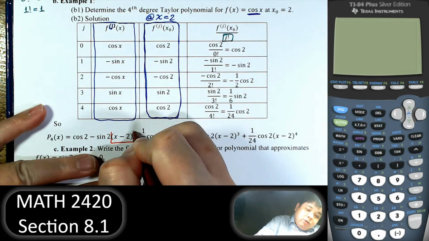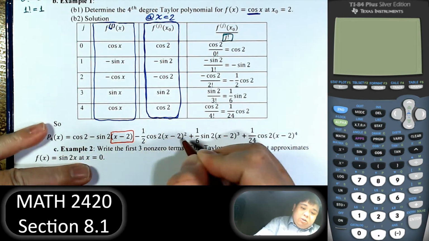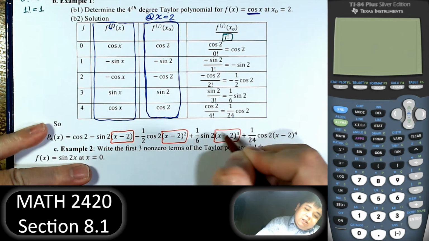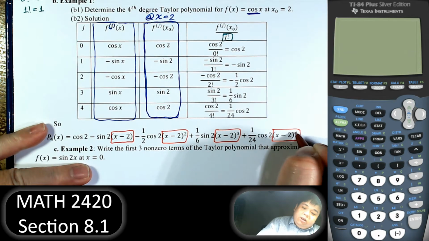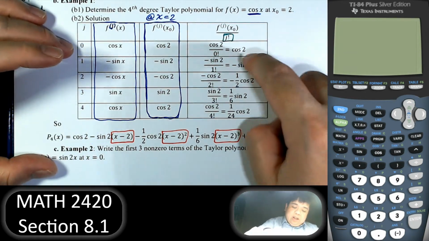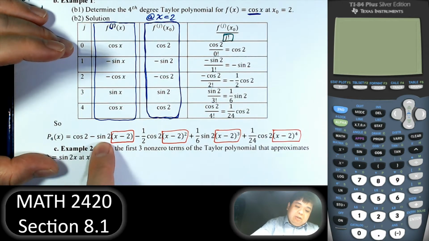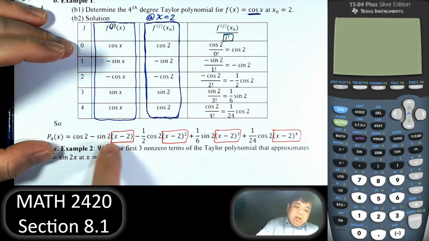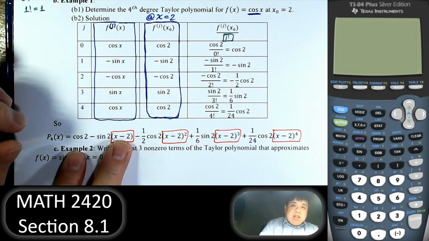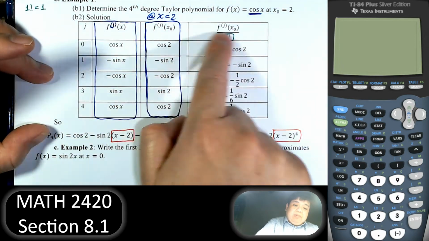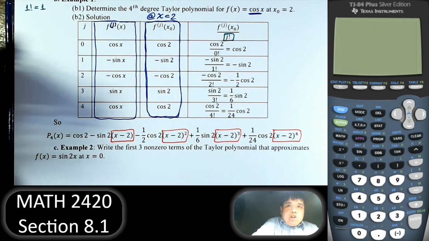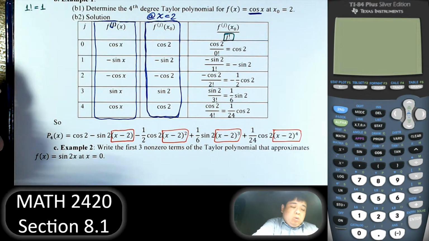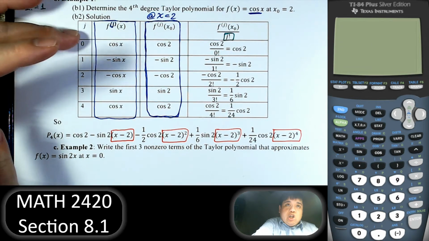This one to the 0 power, this one to the first power, and so on up to the 4th power. The coefficients here are cosine 2, negative sine 2, negative 1/2 cosine of 2, and so on. This coefficient will multiply by x minus x naught to the power of j. The reason we use j here is because the index sometimes is the complex number, and we try to avoid i, so we use j instead.